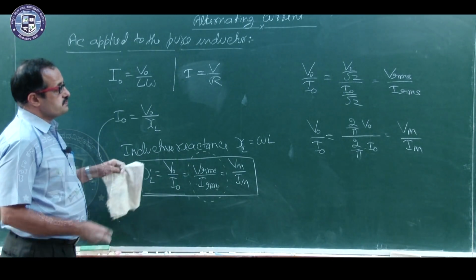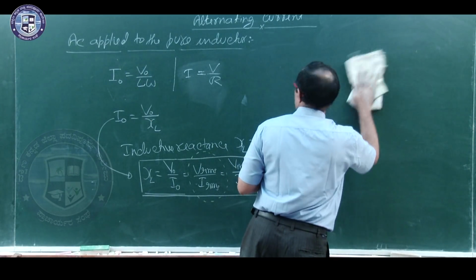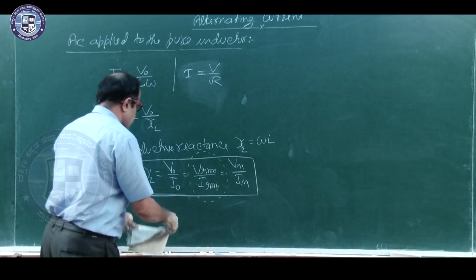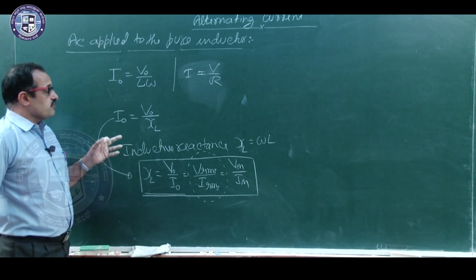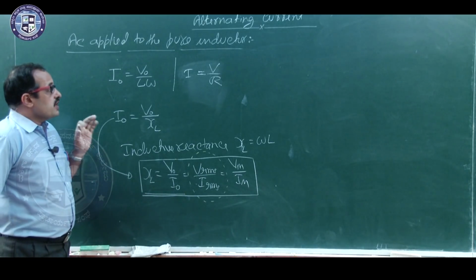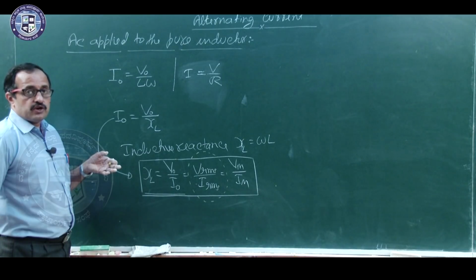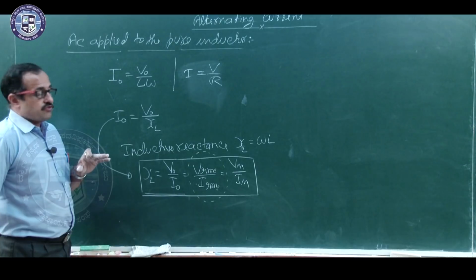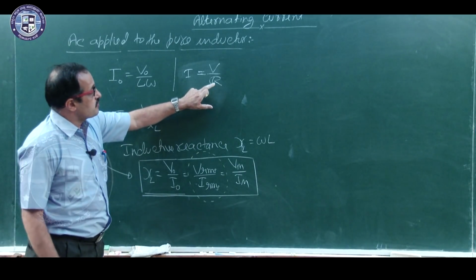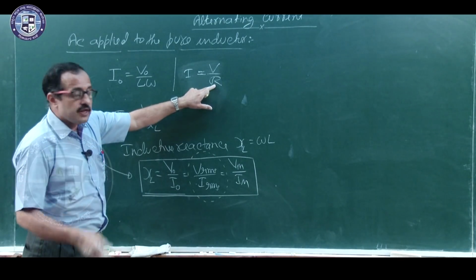Now, what is the meaning of inductive reactance? Yes, what I said is a definition. But in the exam they may ask, what is the inductive reactance? Inductive reactance is the opposition offered by the inductor for the flow of AC. Don't use the word resistance, because resistance means this. It has got two properties, opposing and producing heating effect.